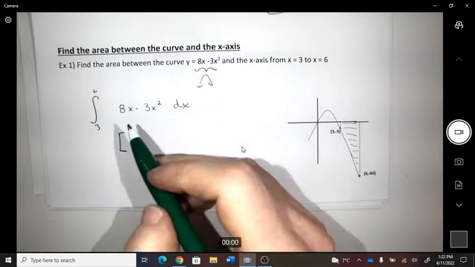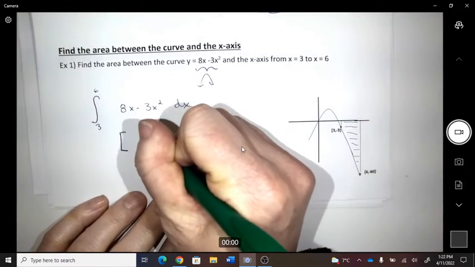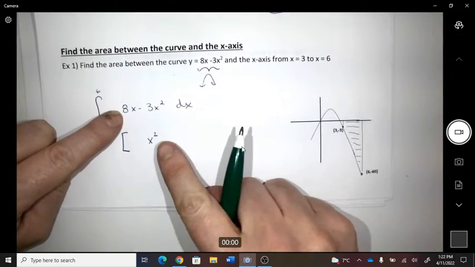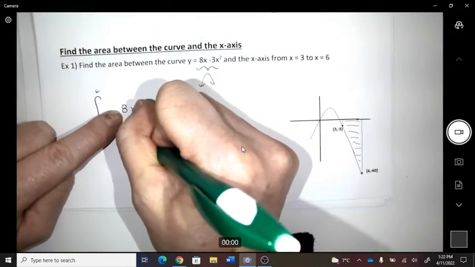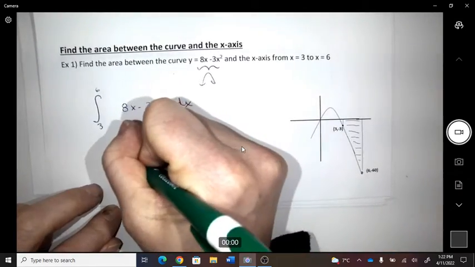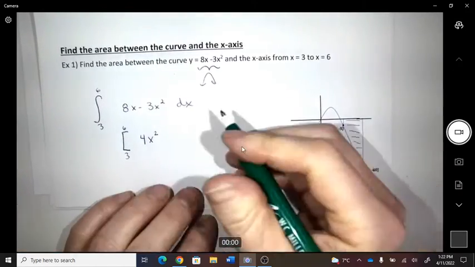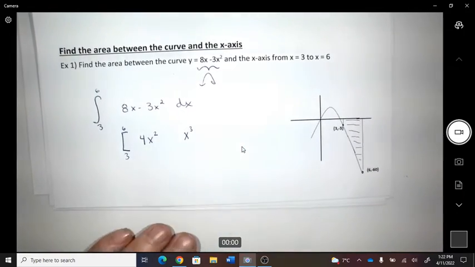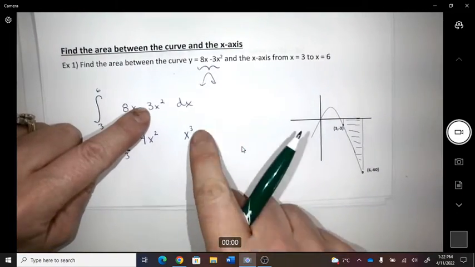Ready? X, I'm going to go up an exponent and then take 8 divided by 2. X squared, I'm going to move up to a cubed, take 3 divided by 3.